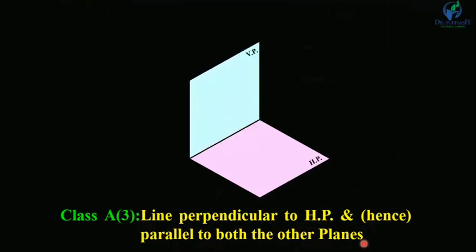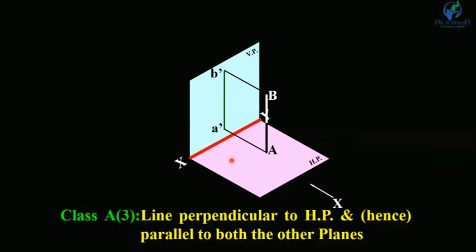Now the third position: line perpendicular to HP and hence parallel to both the other planes. Here see, this line AB is perpendicular to HP and parallel to VP and the profile plane. So if we see from this direction, A dash, B dash is the front view, which is a line, and you can see it is perpendicular to the XY line.